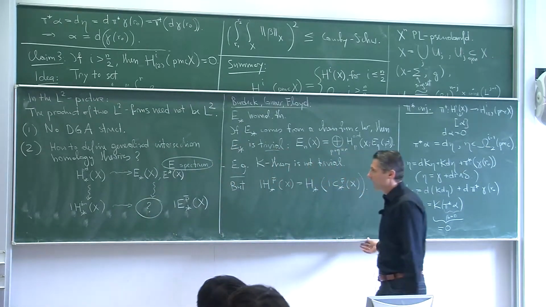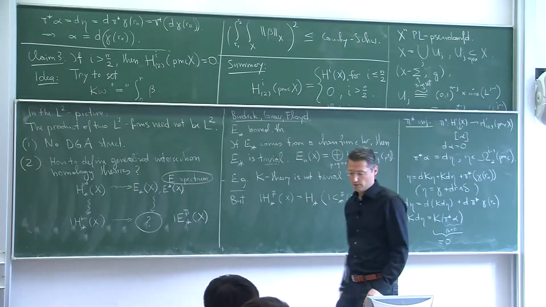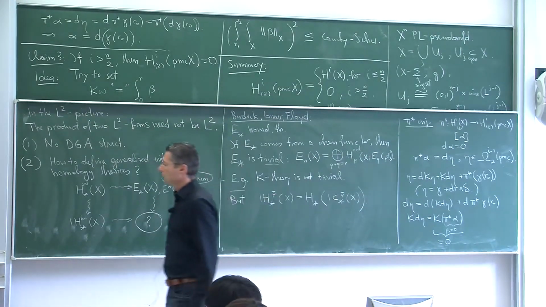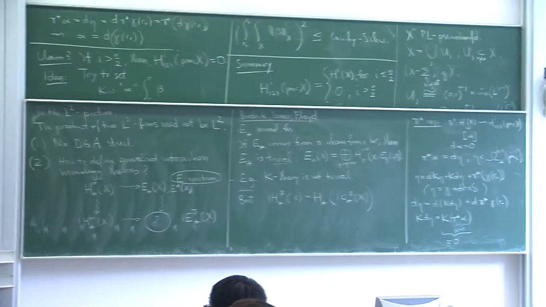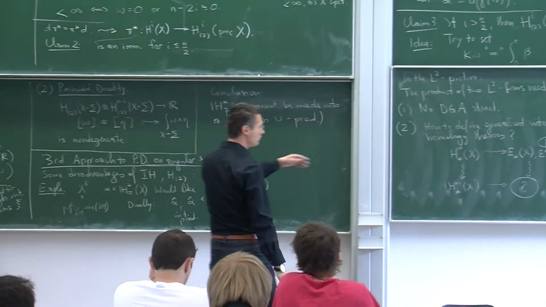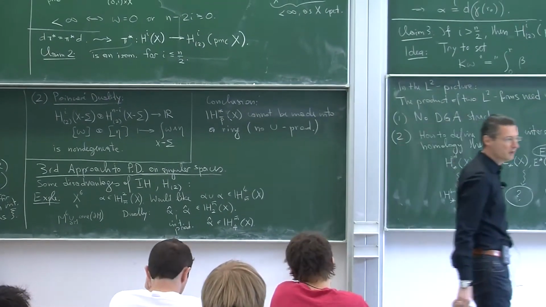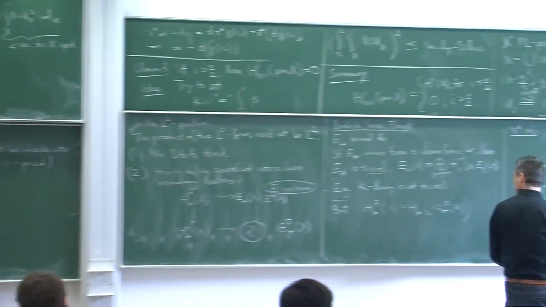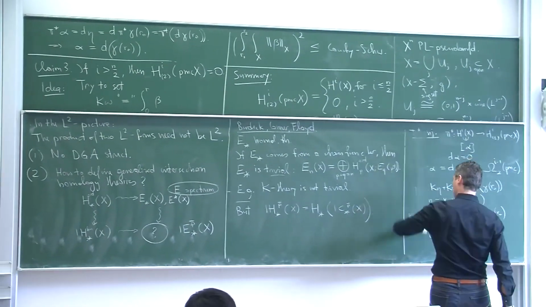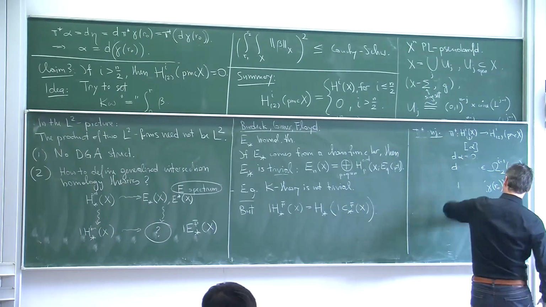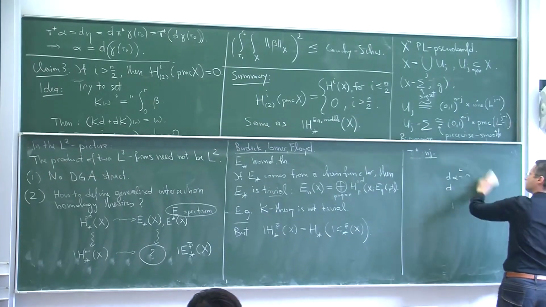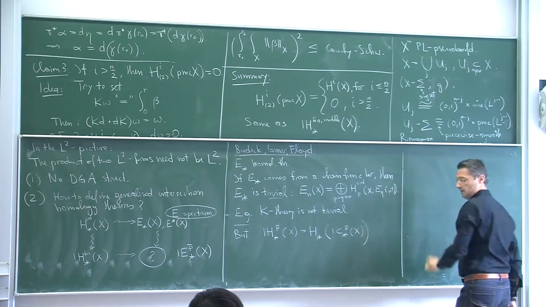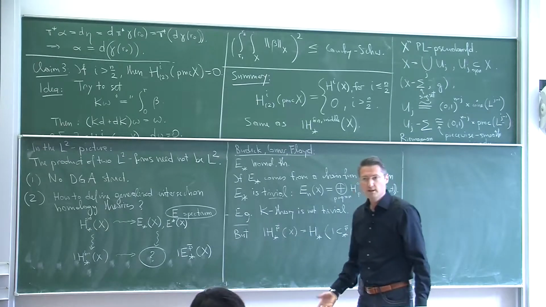But here's an idea. And this brings us now to the third approach to Poincare duality on singular spaces. All of these problems and disadvantages that I've now outlined could be solved by simply specifying the approach. This is always a good idea in topology.